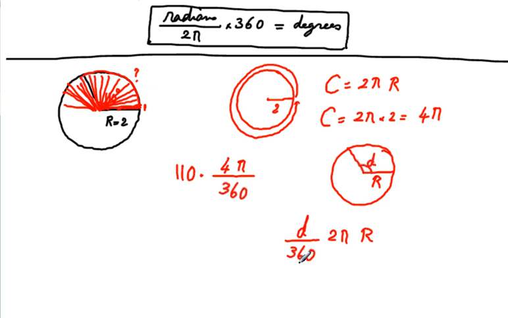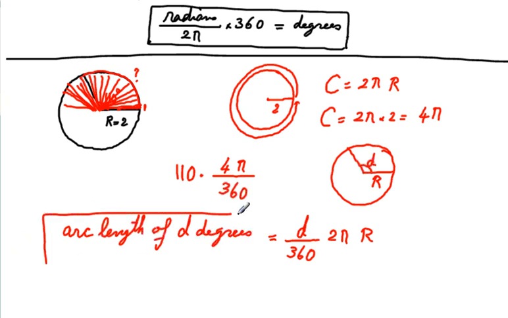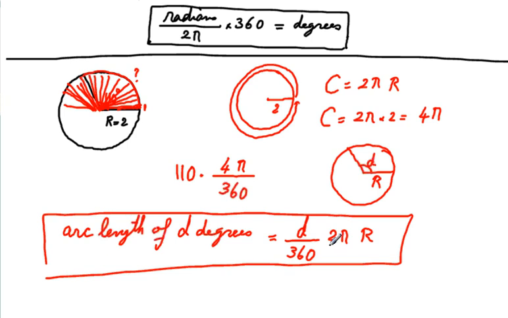Every degree is 1/360th of the whole circle. If I travel through d degrees, that's how much I have traveled. So this is the arc length of d. That is the whole circle, and that's the fraction of the circle you have traveled.